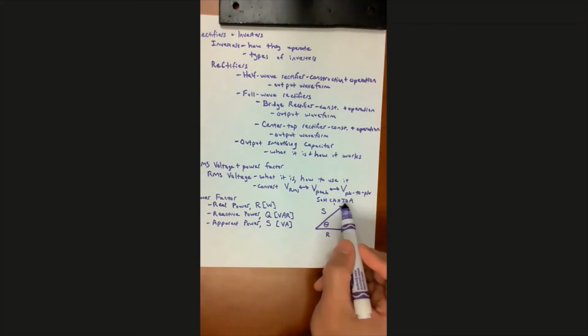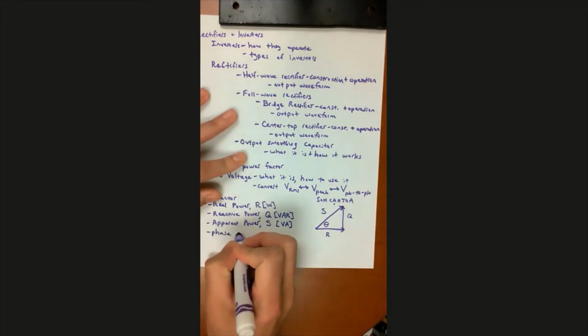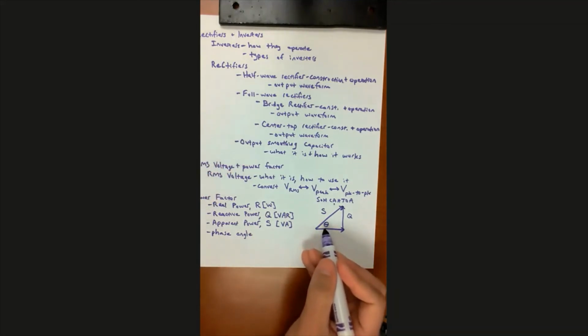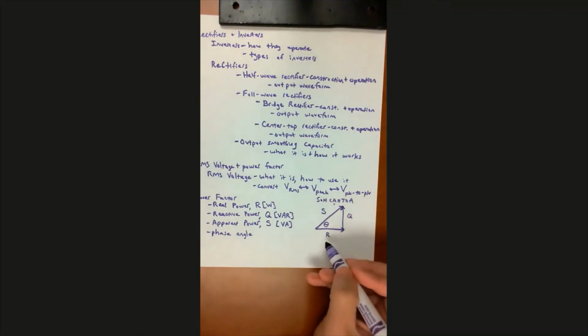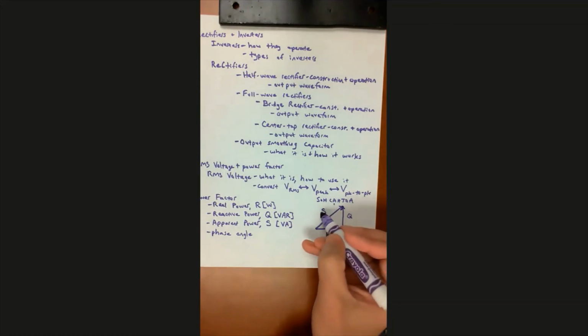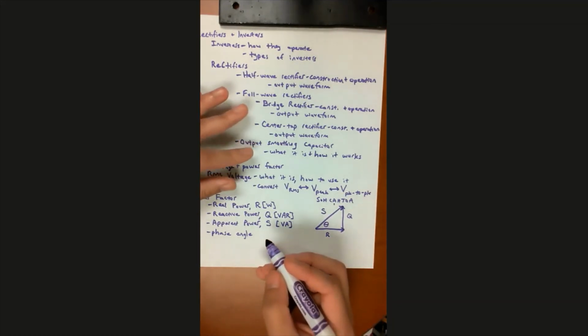And the tangent of any angle is equal to the opposite side length divided by the adjacent side length. So we have our phase angle, and since we know that angle, or we can find that angle, that allows us to do some of these trigonometric operations and find other values, like how much reactive power is necessary, or how much apparent power is necessary or being provided, things like that.